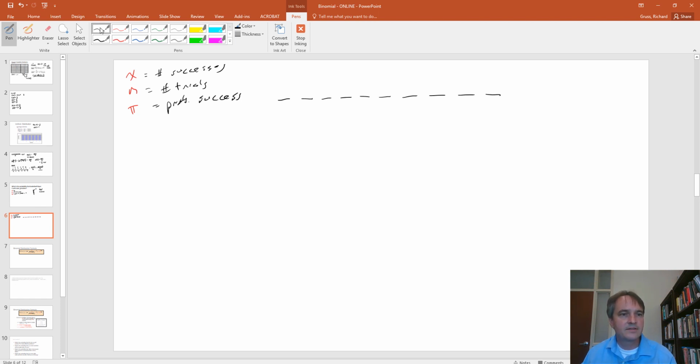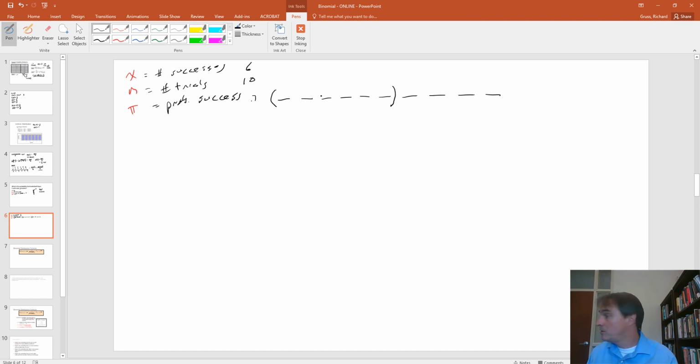For our case, we were looking for 6 successes, the number of trials was 10, and the probability was 0.7. Let's take the first 6, and say the first 6 baskets are a success, and then the next 4 are a failure, that is, they miss.